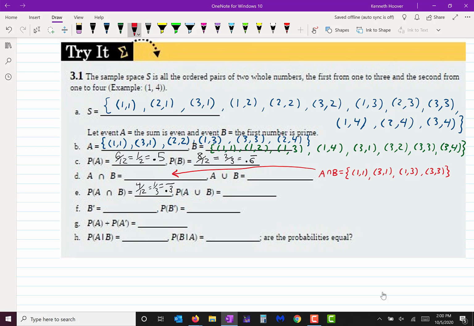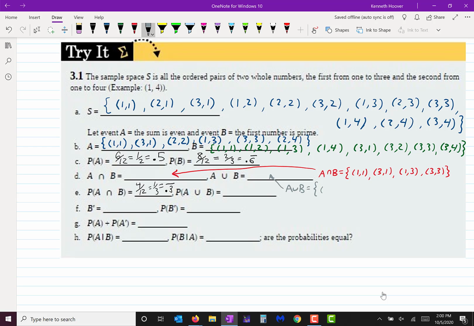Let's do this one in gray. A union B. Well, this is going to be pretty big. A union B is all the stuff that's in A and also all the stuff that's in B, but you don't bother repeating anything that's already been written down.